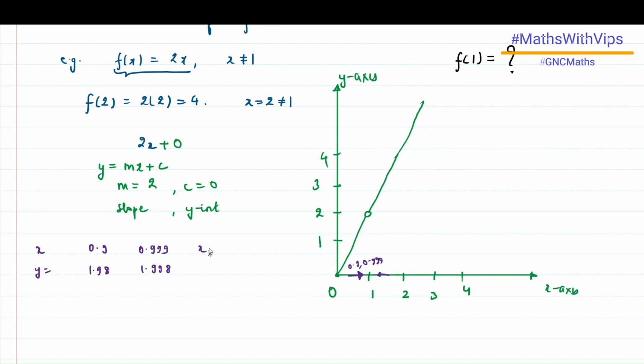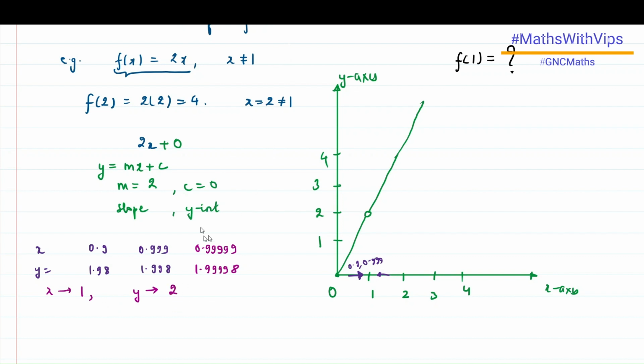If x is 0.99999, this is going to be 1.99998. So it can be clearly seen that as x takes values closer and closer to 1, the y value corresponding to x becomes closer and closer to 2.